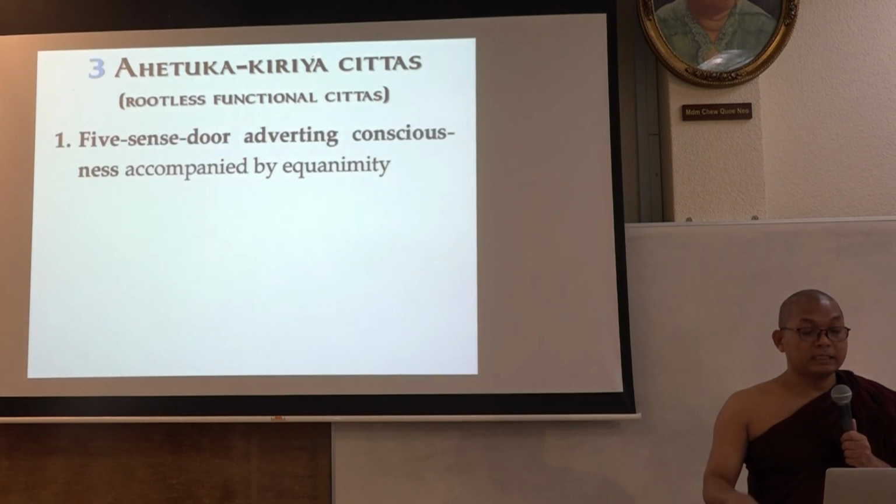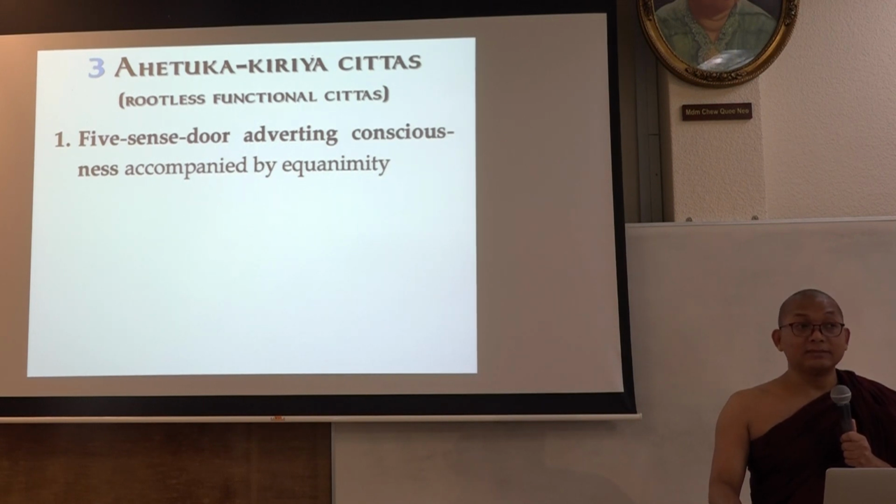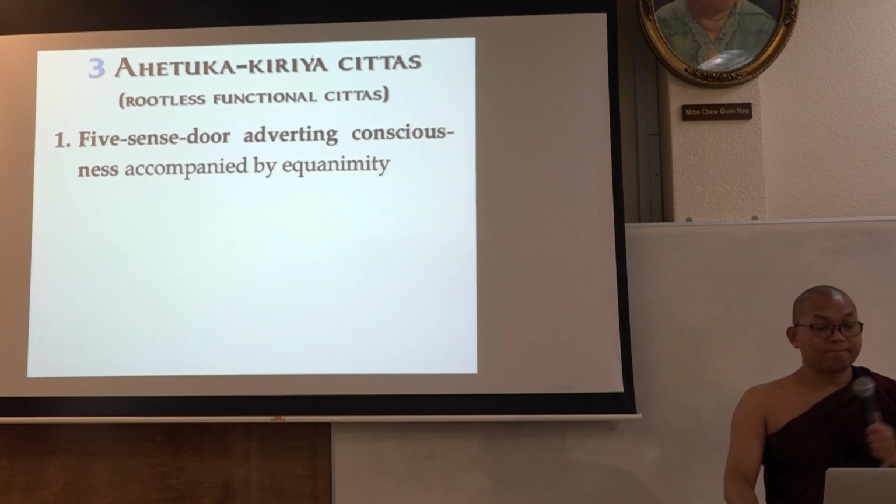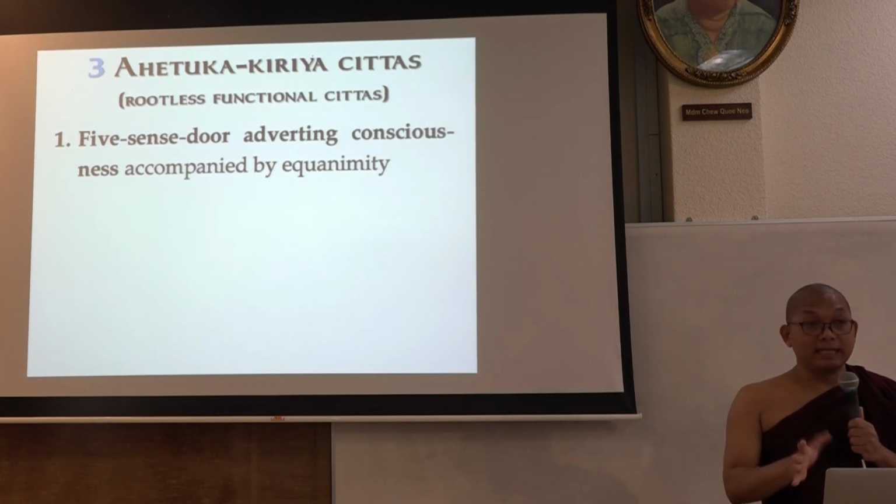So one is five sense door adverting consciousness. Here, simply we call it five door adverting. Here, Bhikkhu Bodhi adds another one, five sense door. Another one is mind door.